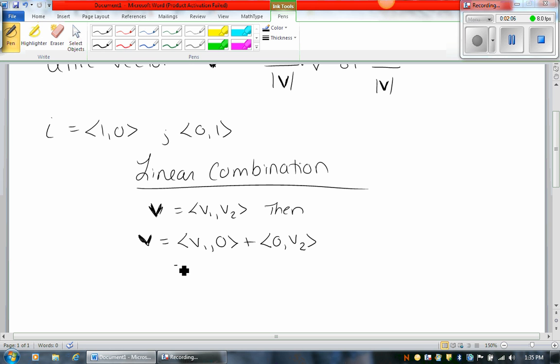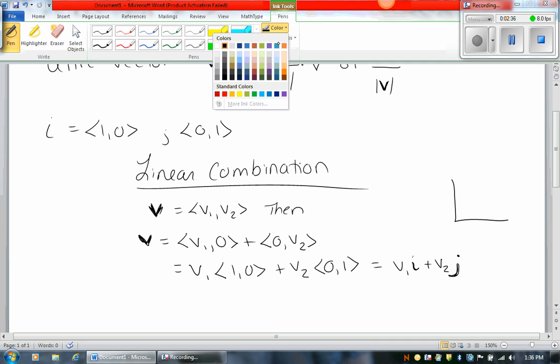Essentially, this can be rewritten like this, which is equal to v sub 1 i plus v sub 2 j.